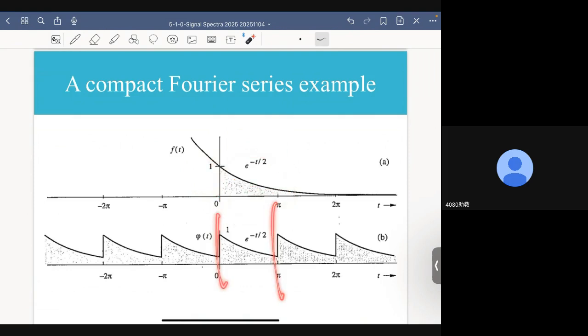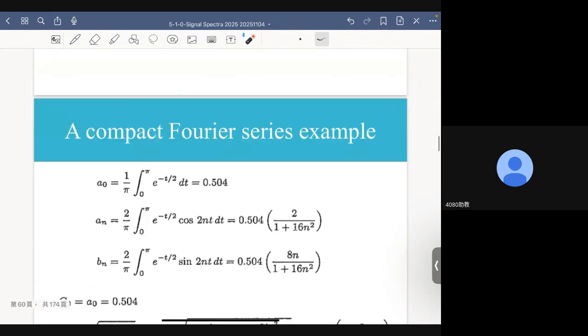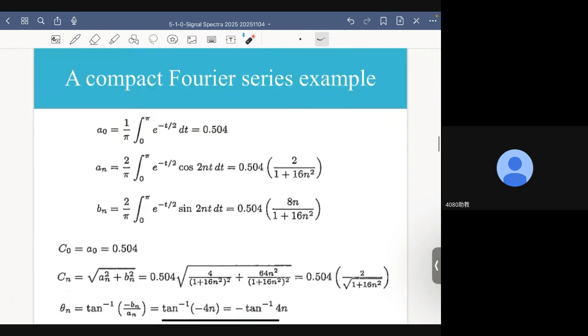and I make this segment of the signal repeat itself in the future and in the past. What I have just done is convert this originally non-periodical signal to a periodical signal. All right, that's what I just did.